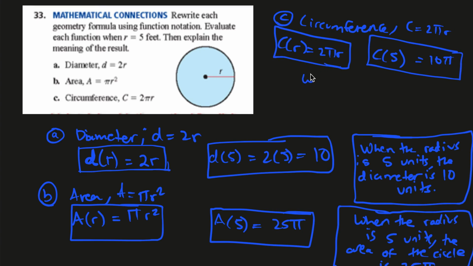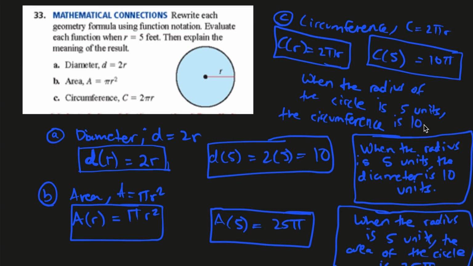What does this mean? When the radius of the circle, for this circle right here, it's a changeable circle, it's an expandable circle, maybe it's a computer graphic or something like that, when the radius of the circle is 5 units long, the circumference is 10 pi units.